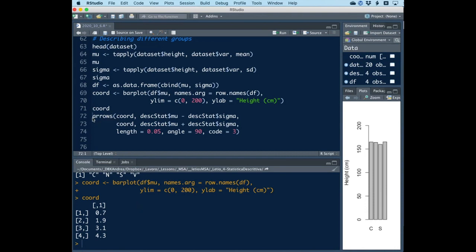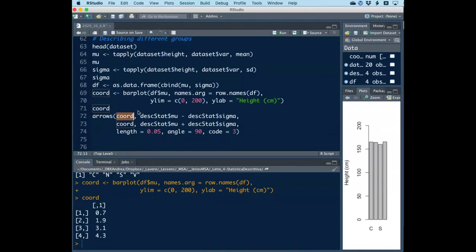And next we use the function arrows. Arrows draws arrows in a graph. Where do we want to draw these arrows? So we want to use the coordinates, coord, as the x coordinate, right?